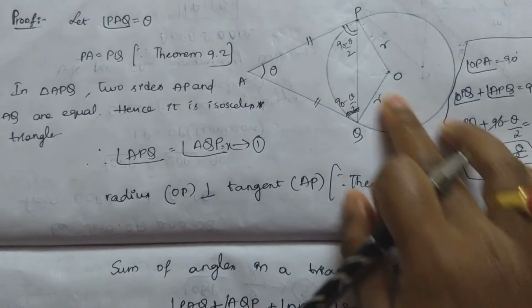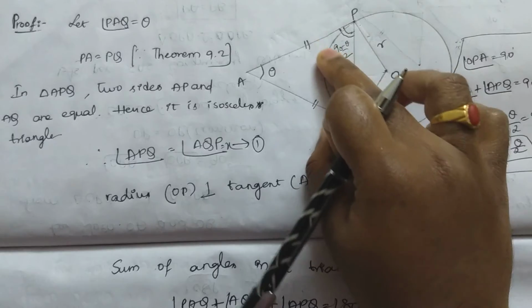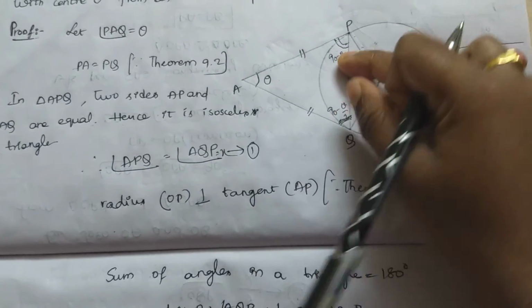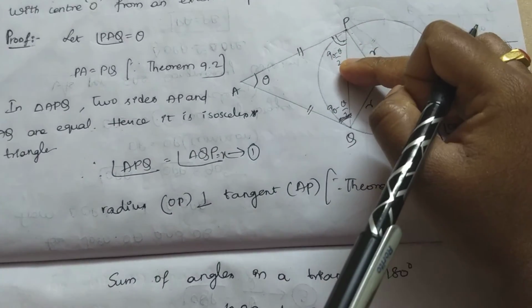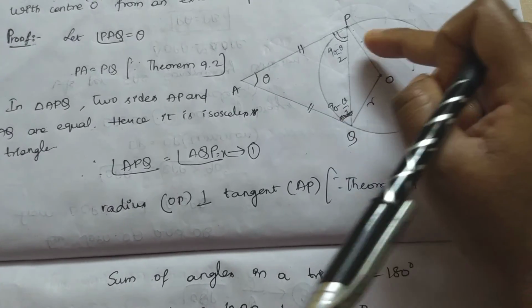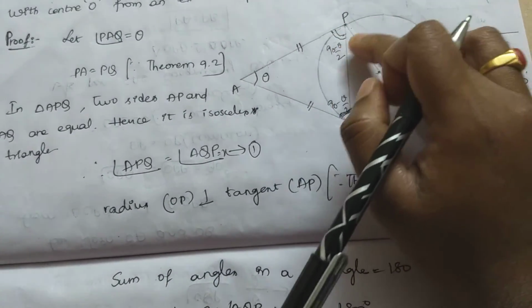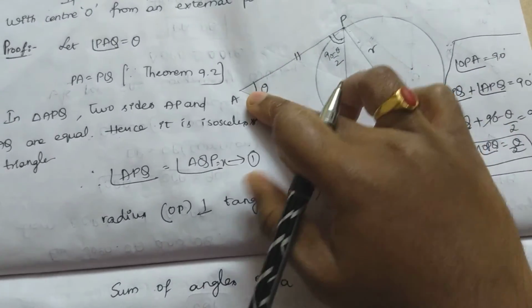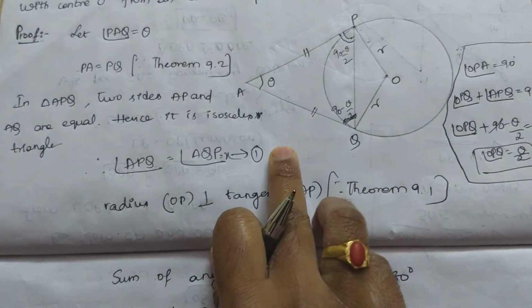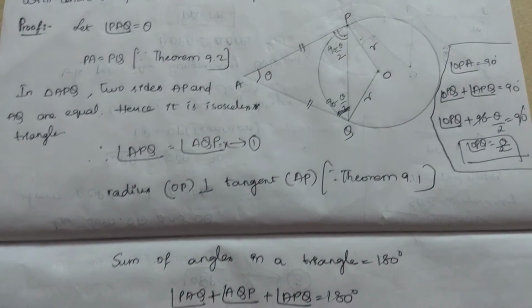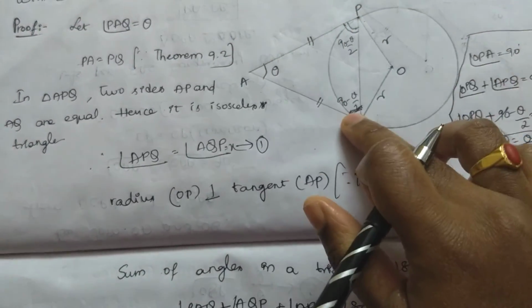See here, we got this value. This we had assumed as x, right? So this and this we got: 90 minus theta by 2, 90 minus theta by 2. But the entire angle at P is 90 degrees. See here, angle OPA equals 90 degrees as per theorem 9.1. So from that we have to find this OPQ value, right?